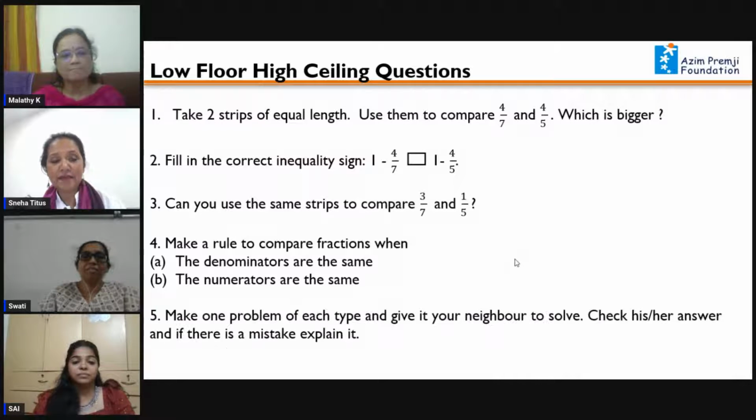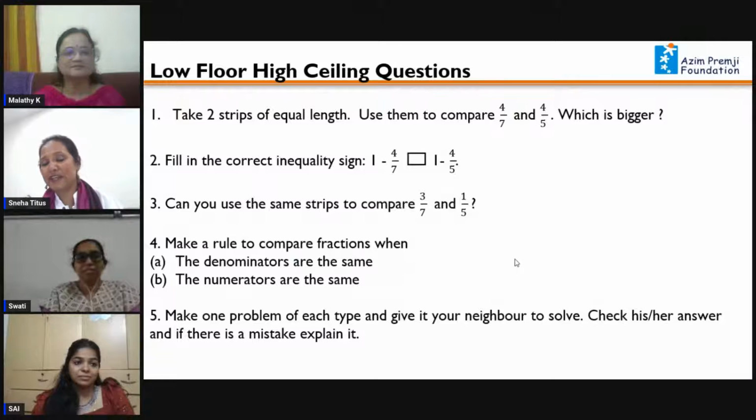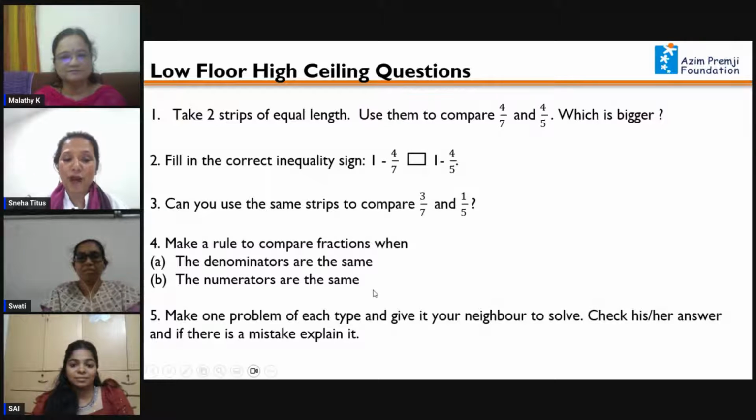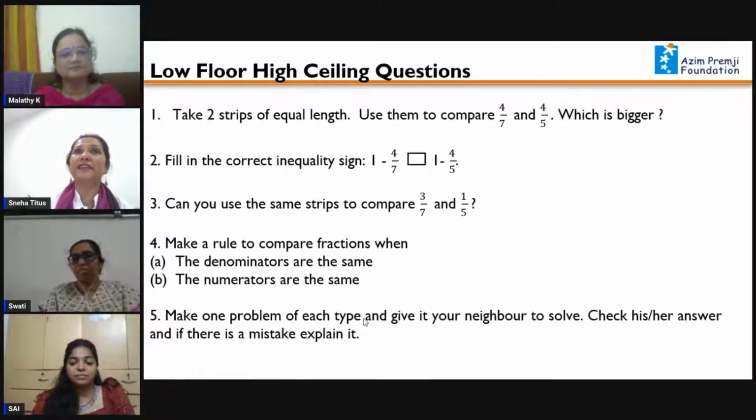And the high ceiling part is make one problem of each type, and give it to your neighbor to solve. So we know that in NEP, problem posing is a very important feature that is emphasized. If a student can make one problem of each type, that means that they know how to classify the types.